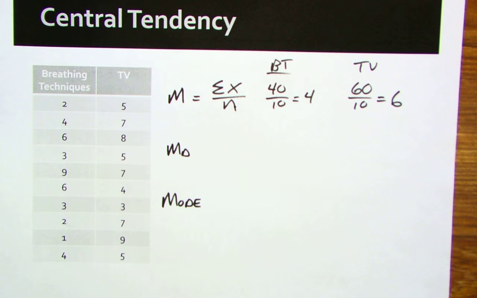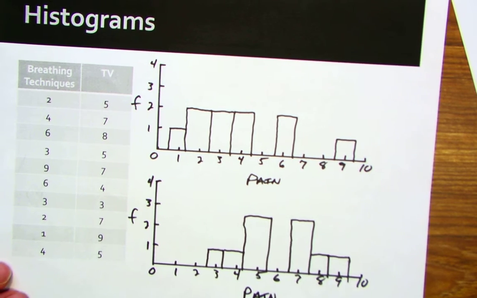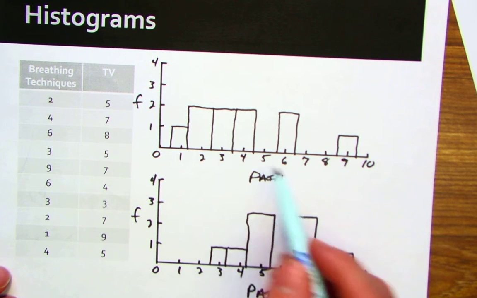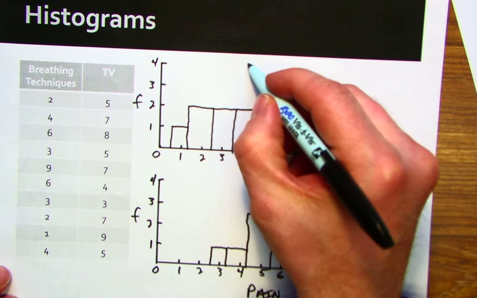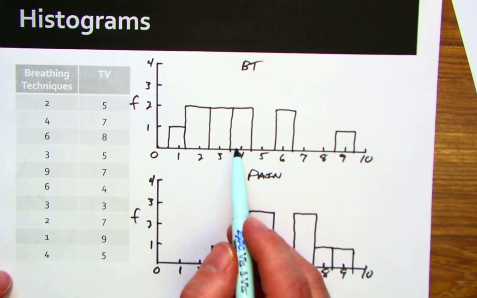Okay? For calculating the median, it really is the midpoint in the distribution. One of the ways in which we can figure out the median is to go back and look at the frequency distribution that we created. So before, when we created this frequency distribution for the breathing technique group, we're trying to find the middle point of this distribution.